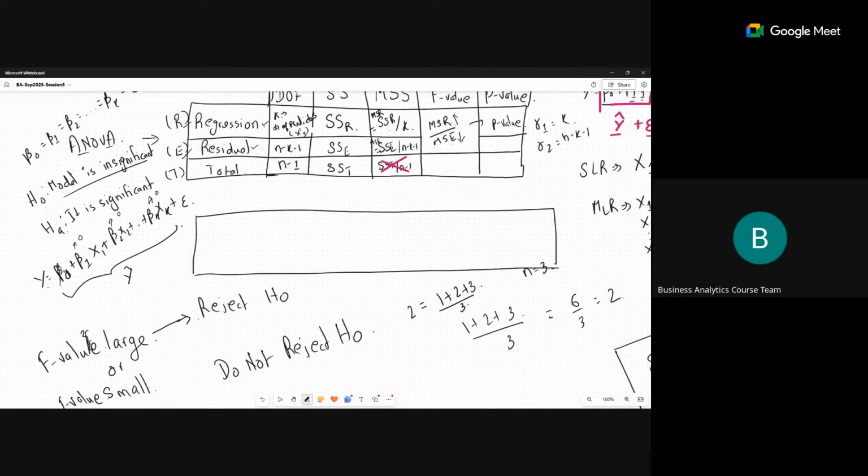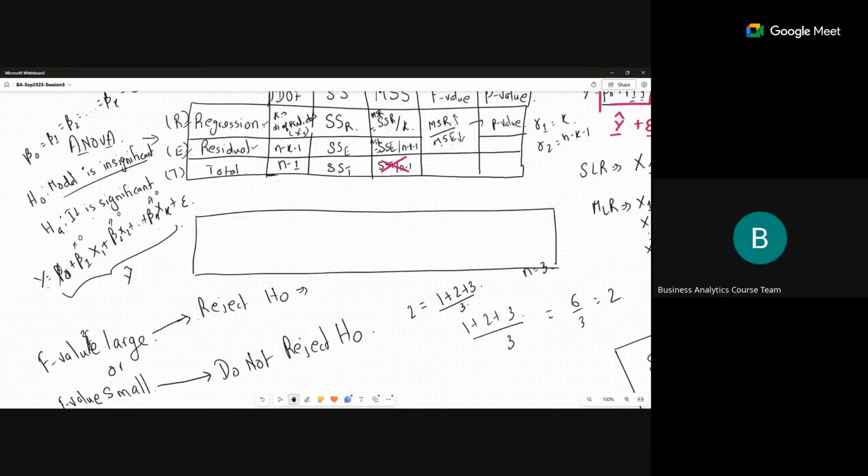So when these betas are not equal to 0, your MSR will be very high, your MSE will be low, and hence your F statistic will be very large. When you have a very large F statistic, your P value will be very small, and hence you will reject the null hypothesis and conclude that the model is significant. But when your F statistic is very small, your P value will be very large, and hence you will not reject the null and say the model is not significant.